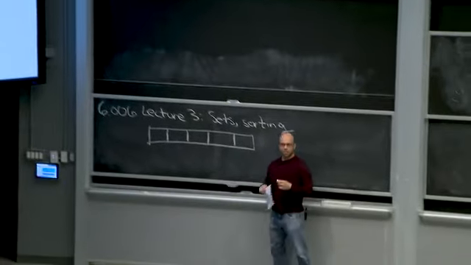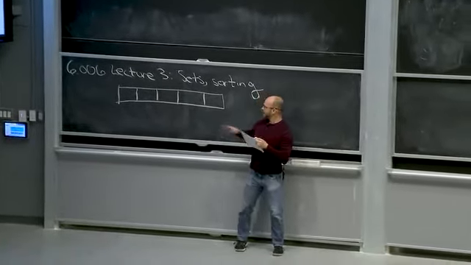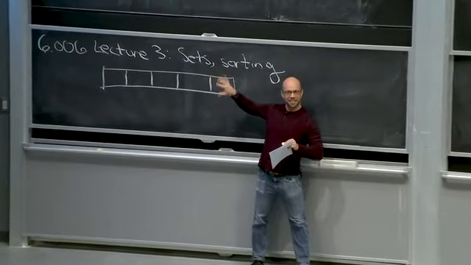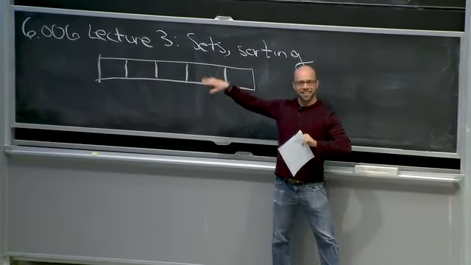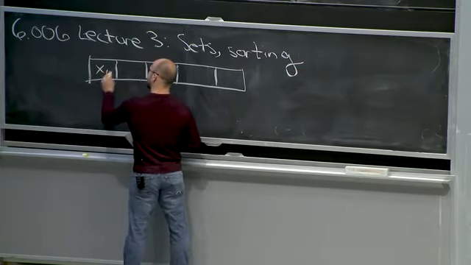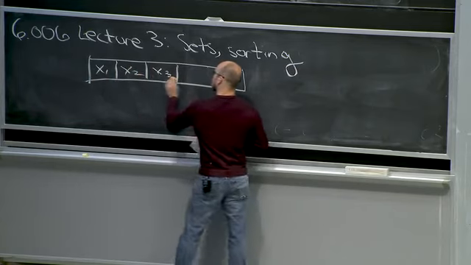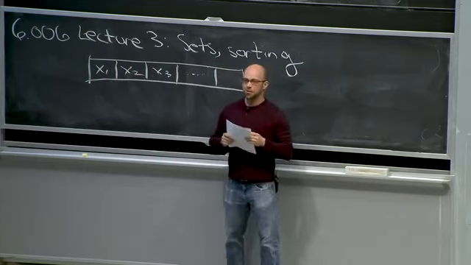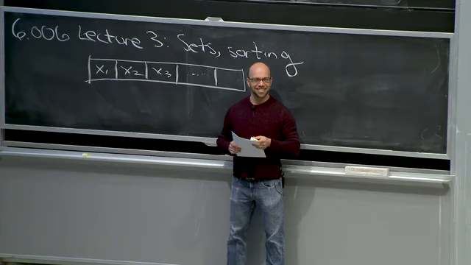Continuing with the theme of the last two lectures, this is not a space in memory, but rather a metaphorical array, in a theoretical sense. But it doesn't really matter. So one way to store my set would be to just store a bunch of X's in no particular order. Does that make sense?